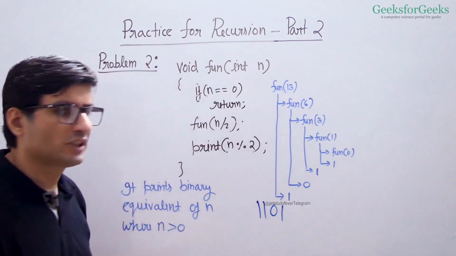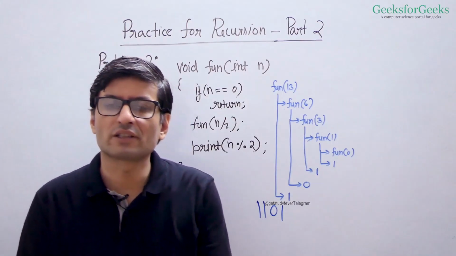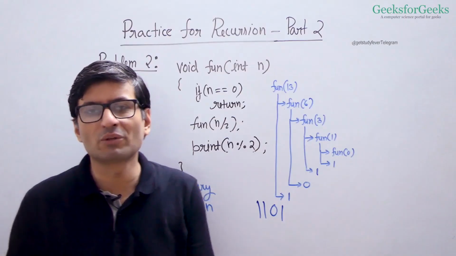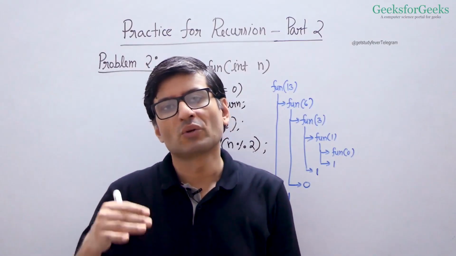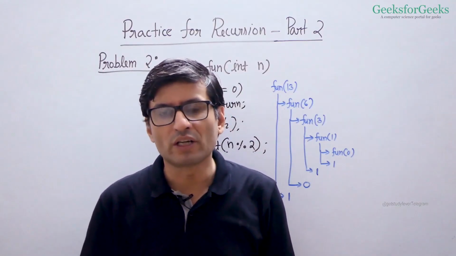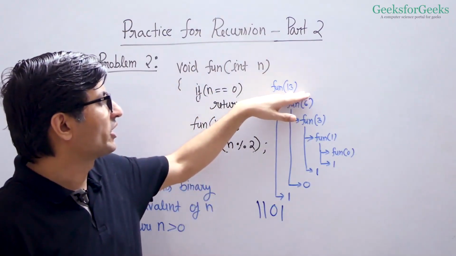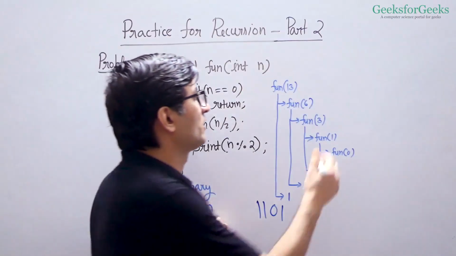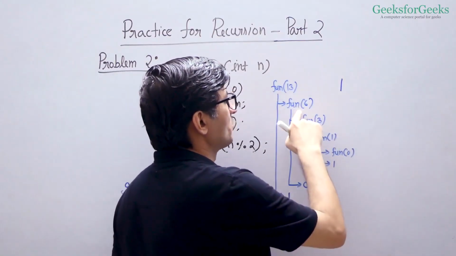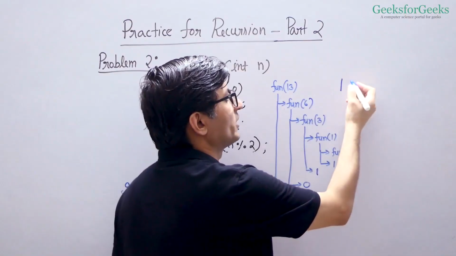This process, if you see, is the same as decimal to binary conversion. In decimal to binary conversion, what we do is we keep dividing the number by 2 and we keep storing the remainders that we get. So we divide 13 by 2 and we store the remainder as 1. Then we divide 6 by 2 and we store the remainder as 0.